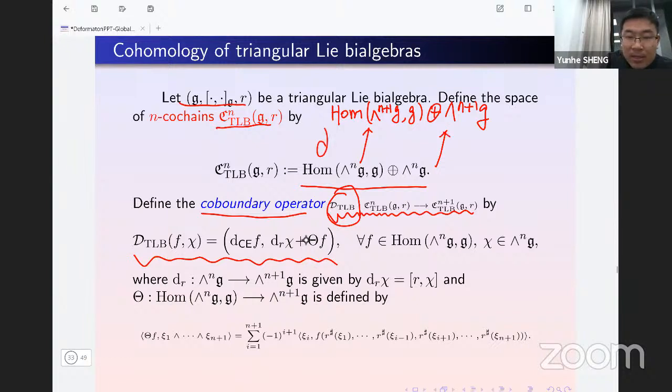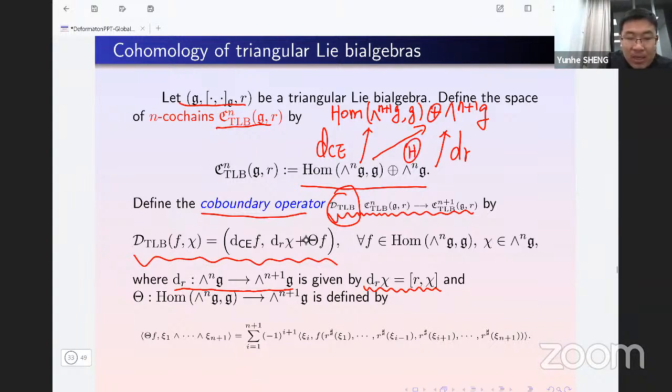So here it is still the classical Chevalley-Eilenberg coboundary operator, and here it is dR, where dR from wedge^n G to wedge^{n+1} G is given by this formula, just the bracket of R and chi. And moreover, we have an extra term which we denote by capital Theta.